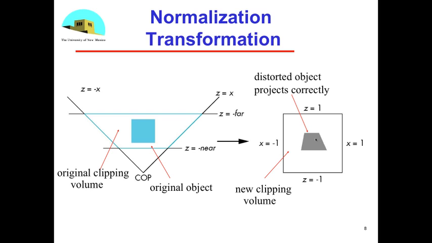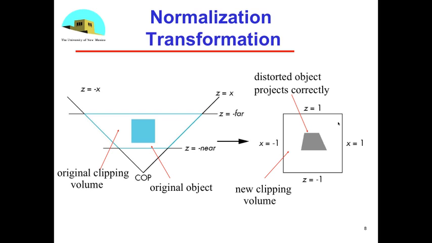So I have a distorted object, but now again, when I do the orthogonal projection of that distorted object, say I'm going to project it straight down, I get exactly what I wanted from the perspective projection, namely that things further away are smaller, that's this compression over here, and things closer to me are normal. Or in other words, I'm doing a normalization step followed by our orthogonal projection, exactly as I did before with our oblique projections. And again, the clipping volume has become this really nice clipping volume, which is exactly what I want.